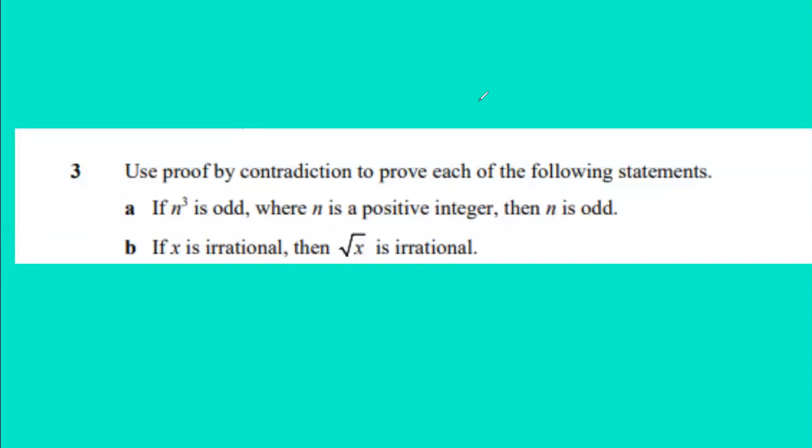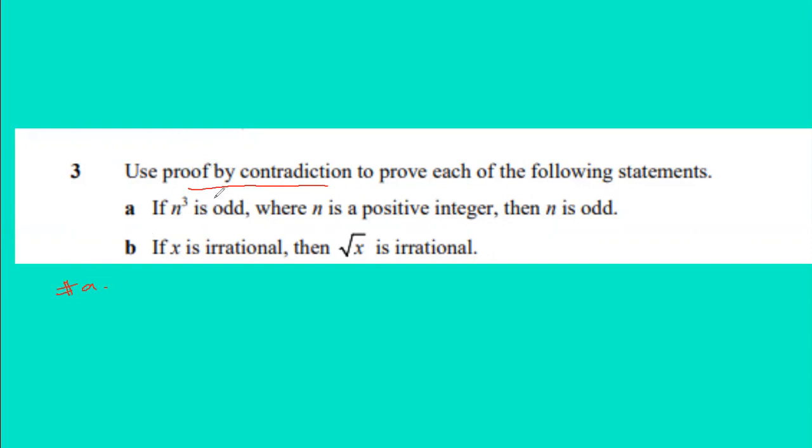They always struggle with the proof questions, but once you've practiced, they are really quite straightforward. So let's do part A. If n cubed is odd, where n is a positive integer, then n must be odd.